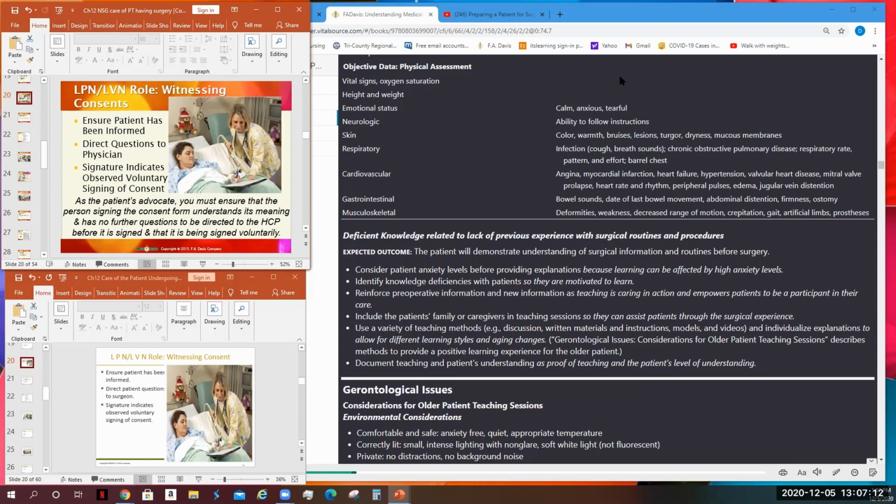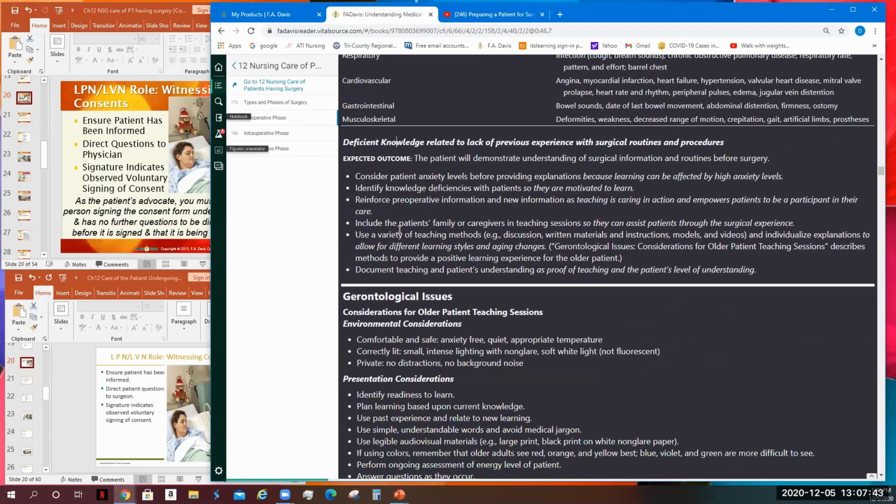Gastrointestinal includes bowel sounds, the date of the last bowel movement, abdominal distension, firmness, ostomy. Musculoskeletal deformities, weakness, decreased range of motion, crepitation, gait, artificial limbs, and prosthesis.